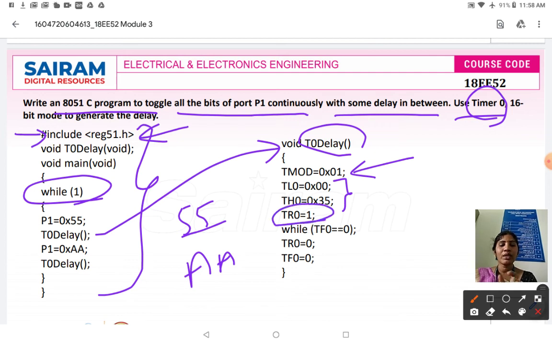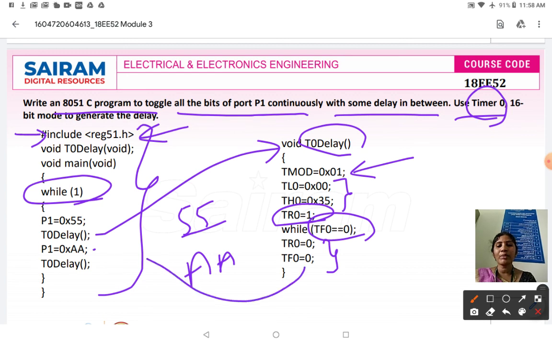Why? Because once the timer run bit is set to 1, the timing function starts, and you have to check until your timer flag is set. Once your timer flag is set, then you have to clear your timer run bit and clear your timer flag so that it could come to your next line.